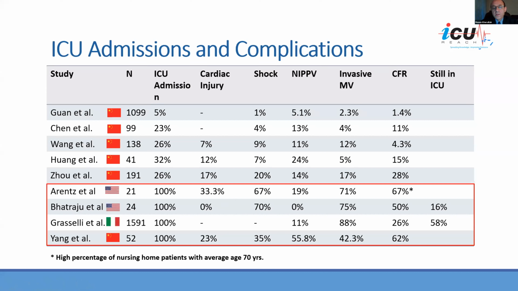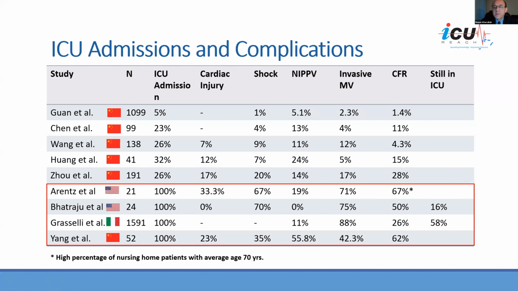The Italian study did not mention anything about cardiac toxicity. Shock is seen in up to 2/3 of the cases. Invasive mechanical ventilation is required in between 40% to 71%. And as you see, mortality is as high as 2/3 of the cases died in the intensive care unit.